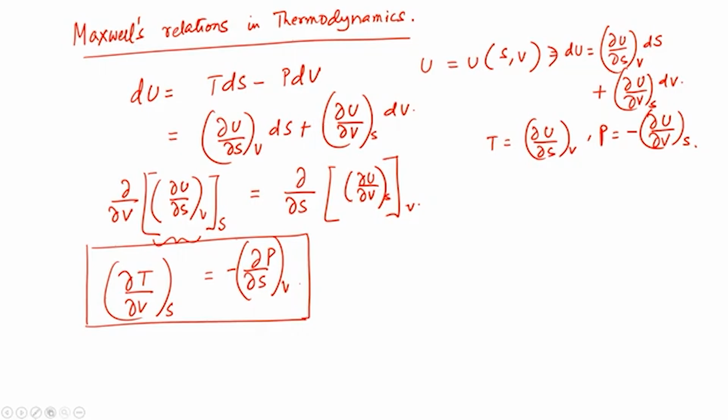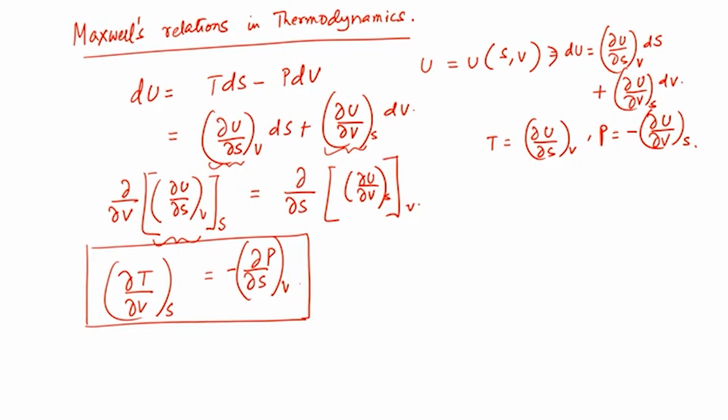When U is expressed in terms of a particular pair of variables, which are S and V, the coefficients of the differentials denote the dependent variables, T and P.